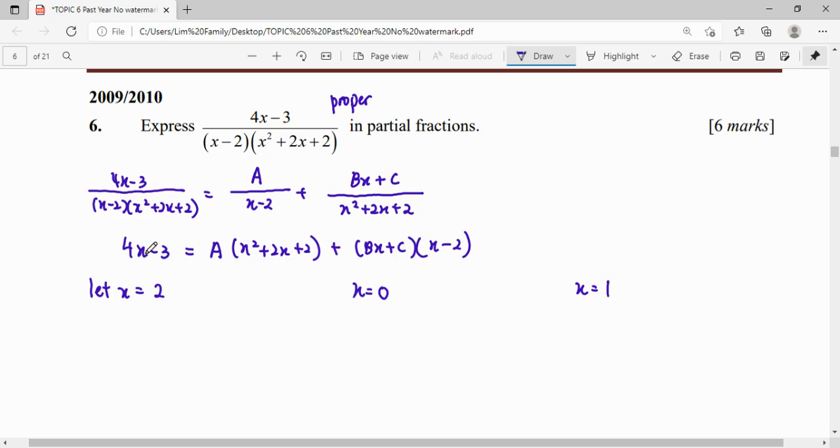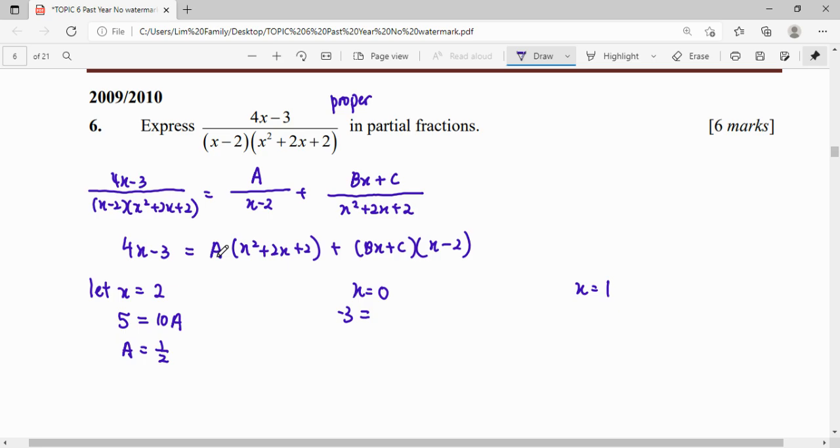Substitute 2 here, the left side equals 5. When I substitute 2 here, 2 squared is 4, plus 4 plus 2 equals 10a, and the other term becomes 0. So we get a is 1 over 2. Then we continue, substitute x equals 0.